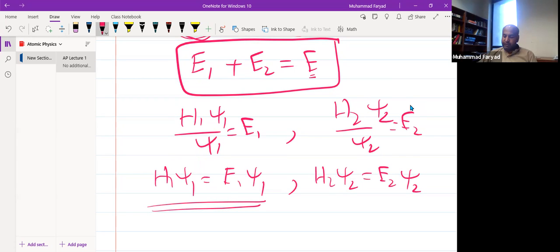But this is nothing but the Schrodinger equation if only particle 1 were present in the system, with E1 the energy of the particle. And this is nothing but the Schrodinger equation if there were only one particle, particle 2, present in the system, with E2 as the energy. It means if we have two non-interacting particles, their total energy is nothing but their energies as if they are only present by themselves and nothing else is present in the universe.